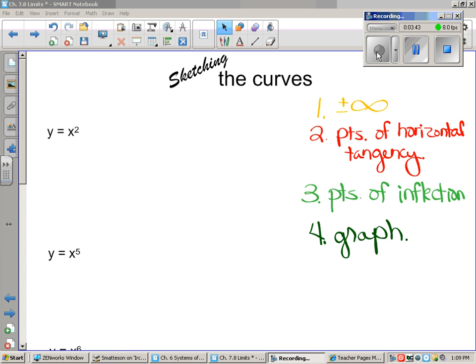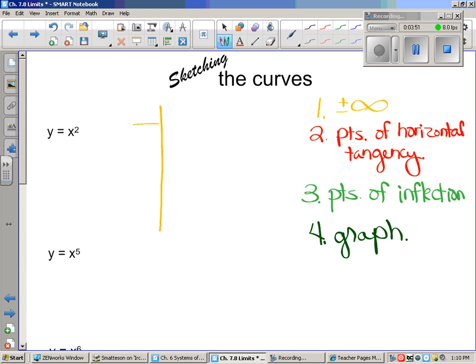Let's look at this next one, y equals x to the fifth. Again, we're going to set this up with positive and negative infinity. Infinity to the fifth would be infinity, and negative infinity to the fifth would be negative infinity.